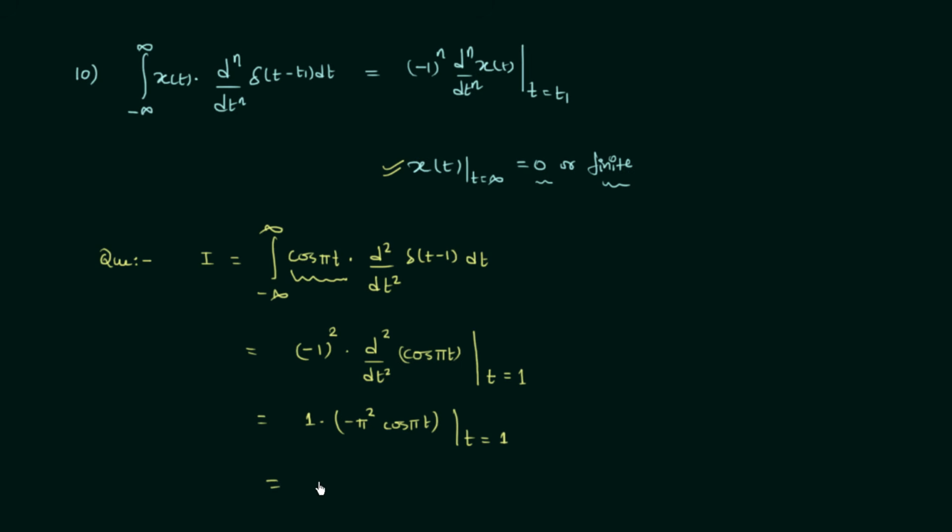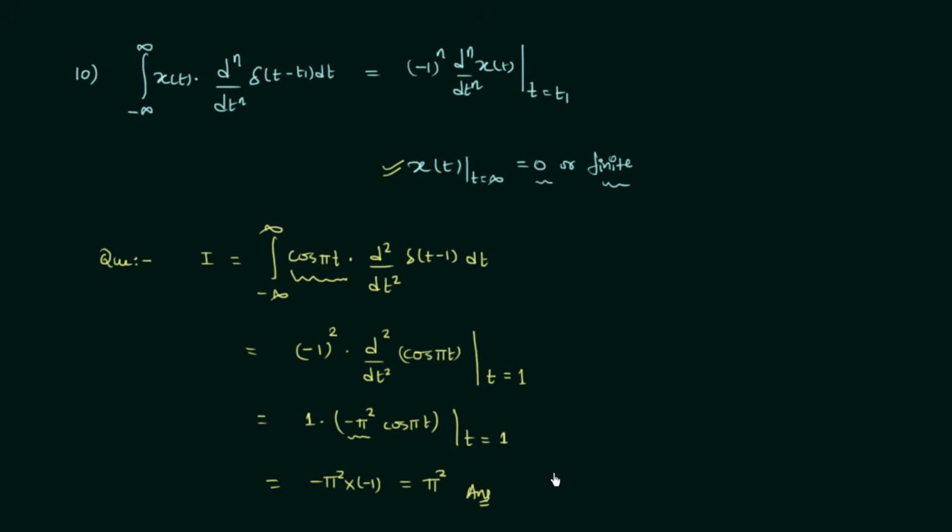So when we put t equal to 1, we will have minus pi square multiplied to minus 1, because cos pi is equal to minus 1 and we were already having minus pi square. So finally we are going to get pi square. So this is the answer, and you can clearly see how easy it is to get the answer if you know the properties. If you have this question and you try to solve it without using the properties, you could not have the answer in 3 steps.